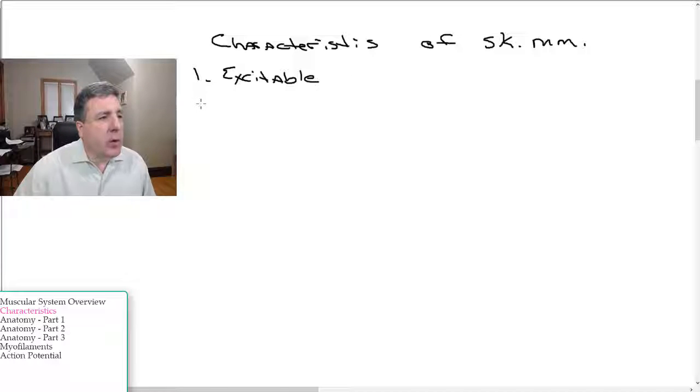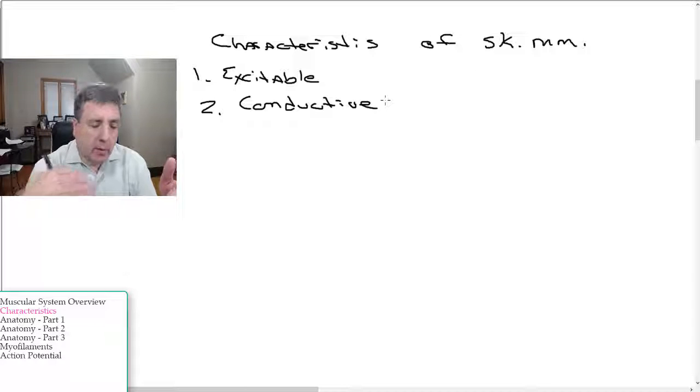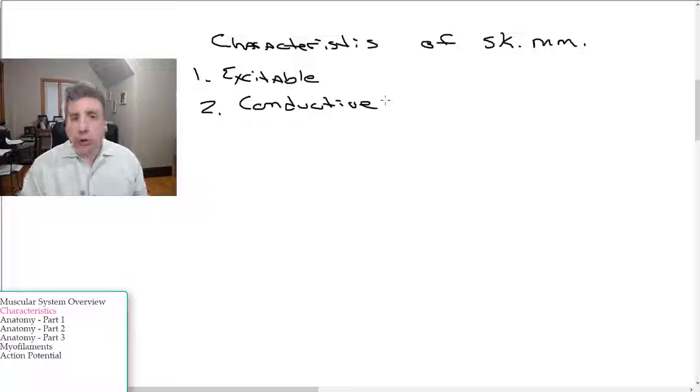The second one that we're going to be looking at is it's conductive. So when the cell is stimulated, either chemically or physically, like a stretch, it can conduct a charge, a current, if you will, across the plasma membrane. So it propagates across the surface of that membrane, and that conductivity can then move into the cell.